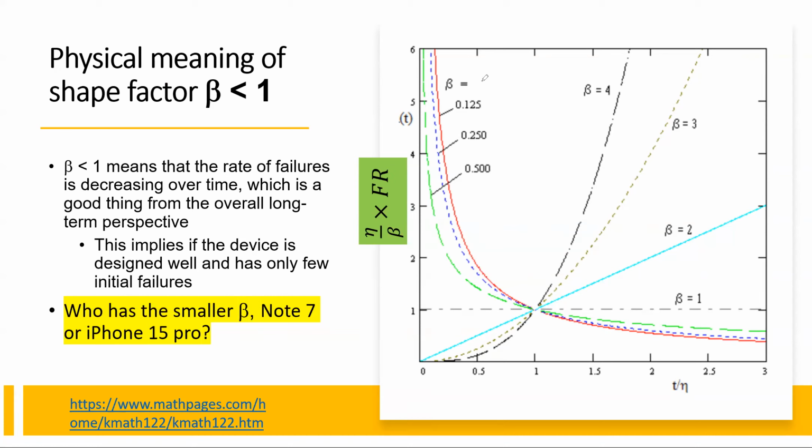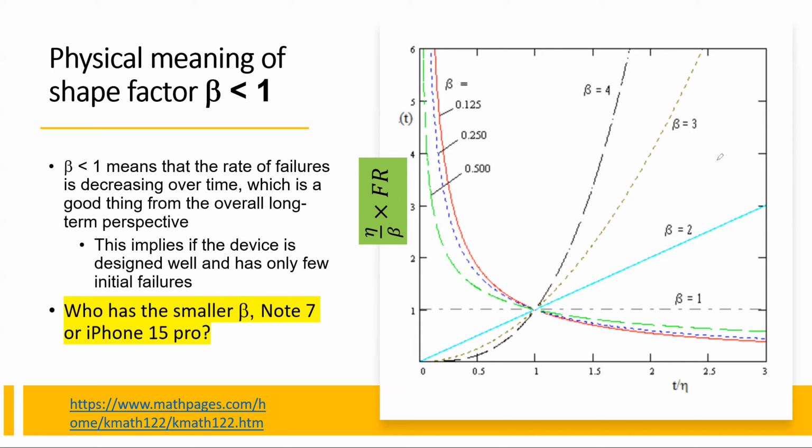Okay, they are all falling into this early infant mortality failure mode, however, the Note 7 seems to do a lot worse, a lot quicker, and so that means to me the beta is a little bit larger. You could usually look at this, but on this graph you can clearly see that.